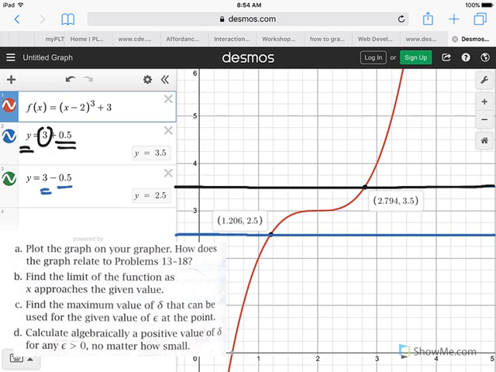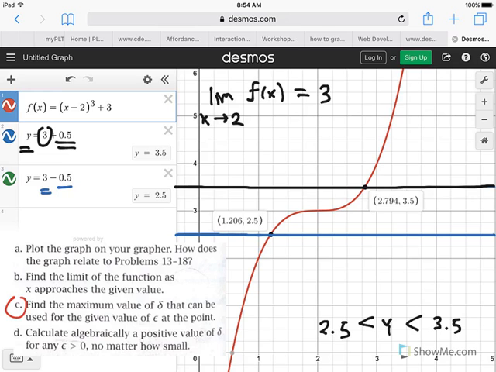So this is the range of output values that we're considering, from 2.5 to 3.5. They are within a half unit of the limit. So to find the maximum value of delta that can be used for the given value of epsilon, this is what I have to do.